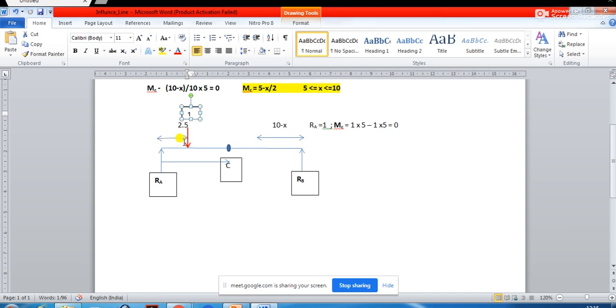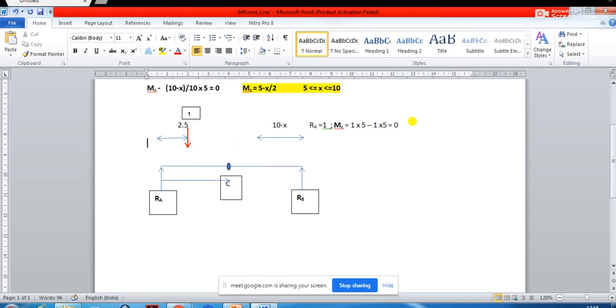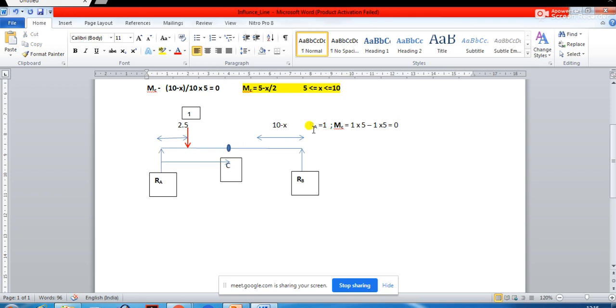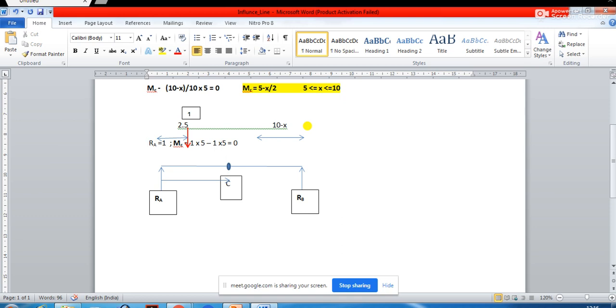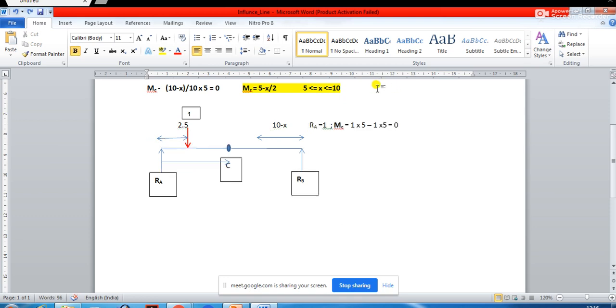So if this load reaches over here, then you tell me what will be the reaction over here. What will be the reaction? Tell. Sir, RA into 2.5. Yes, sorry, Control Z. Let us write it on the top.